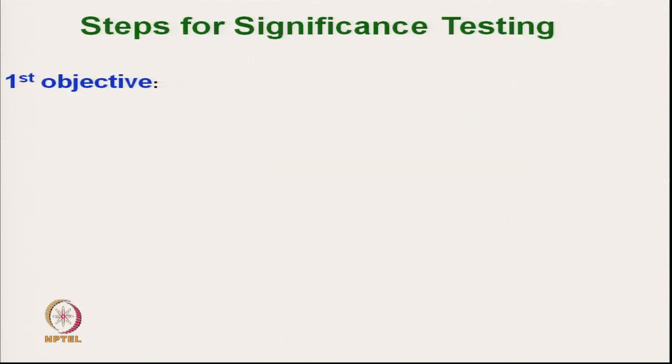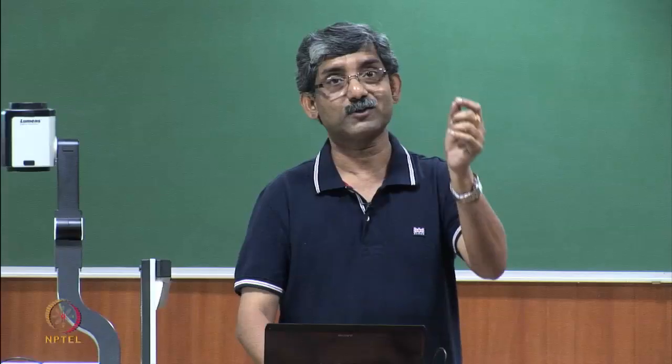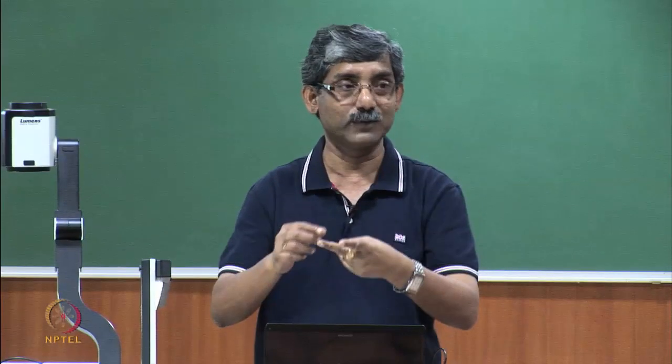Now we will go step by step: stepwise, how to calculate and how to know the significance. So, these are the steps for significance testing. What is our first objective? As we have discussed, we have two objectives.